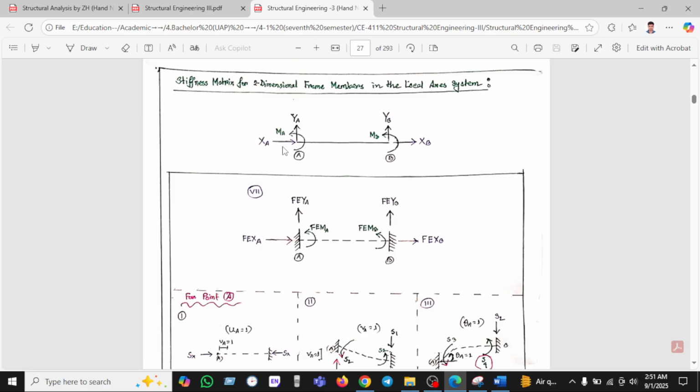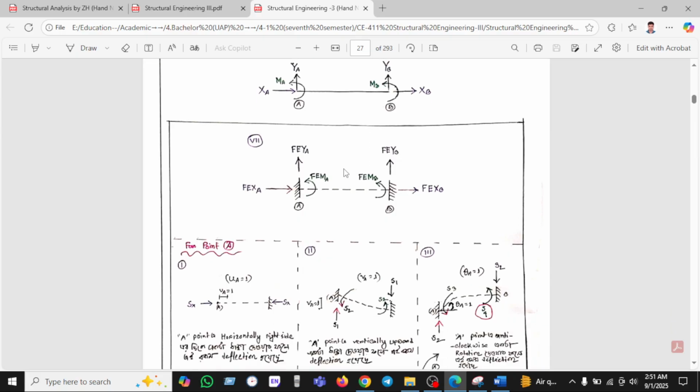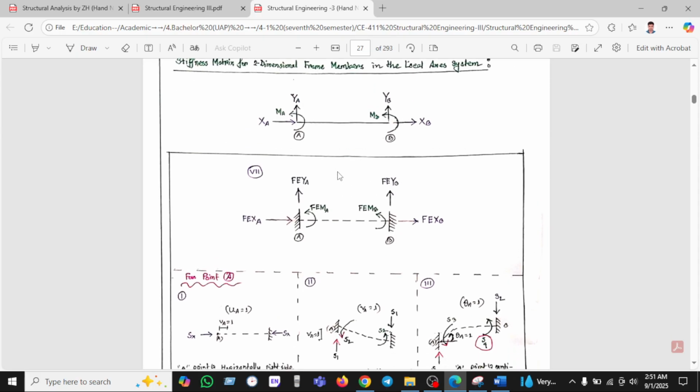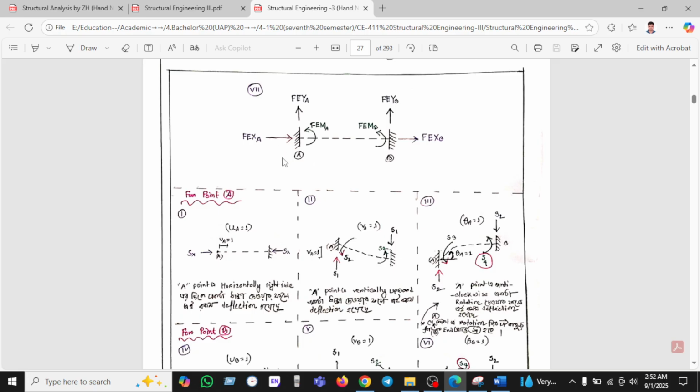One is X, which is axial load from left to right, another is vertical load, which is Y, and another one is moment. The same thing happens at point B. So we can see here point A.